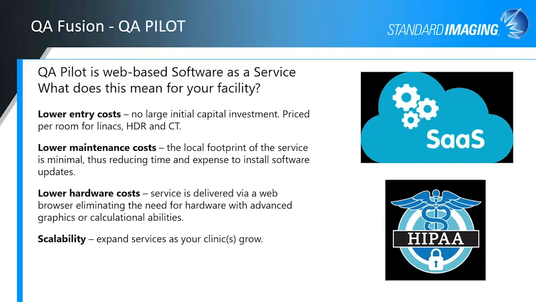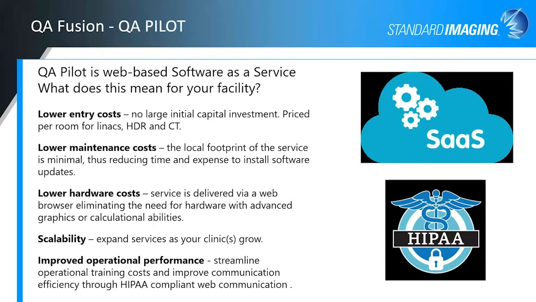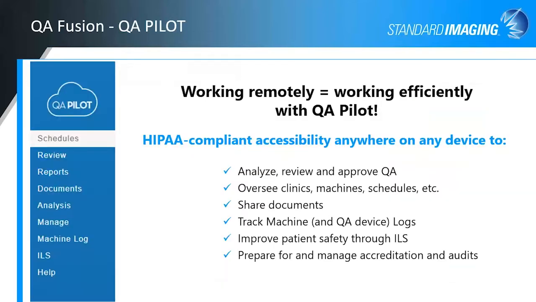It's simply one of the things you're going to put in the budgeting for that. And we do help you with improved operational performance by streamlining training costs, improving your communication within your department, again, that HIPAA compliant web communication. And we have a couple other things that are unique in QA Pilot to help with process improvement, operational performance improvement, which I'll show you in the software.